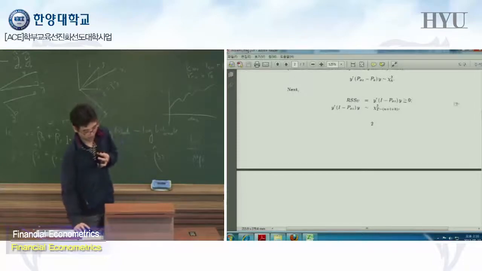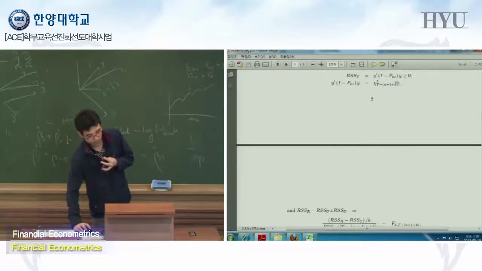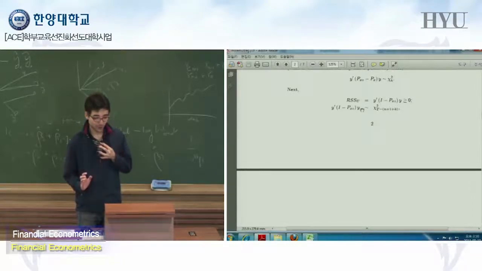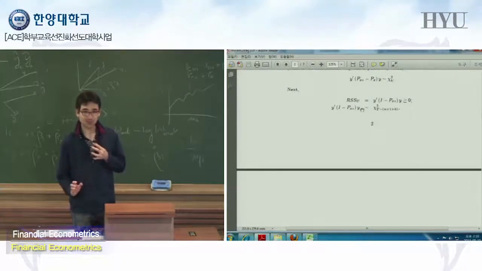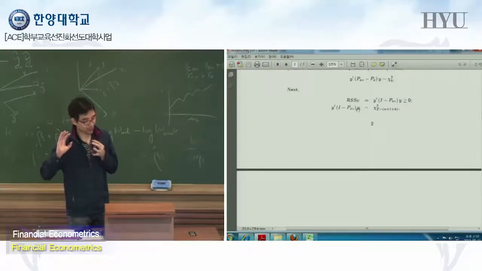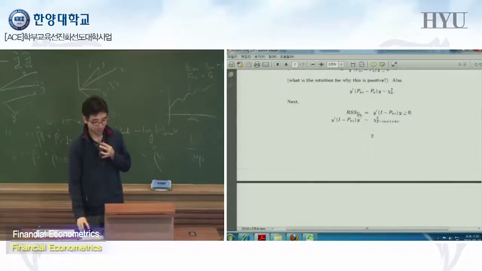Let's go one by one. First, let's take a look at the denominator, RSSU. RSSU is basically this term, right? We regress y on the null space of x and z. So in some sense, it is a regression of the projection image of y on the null space of x and z.